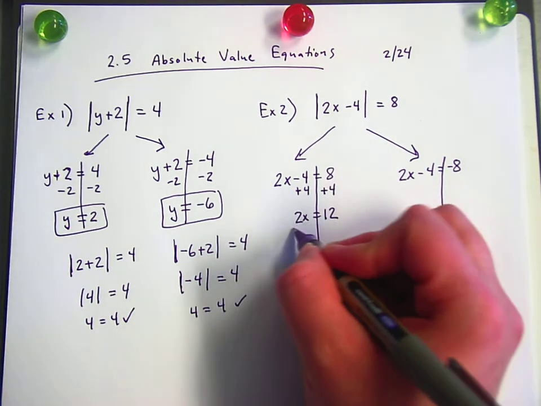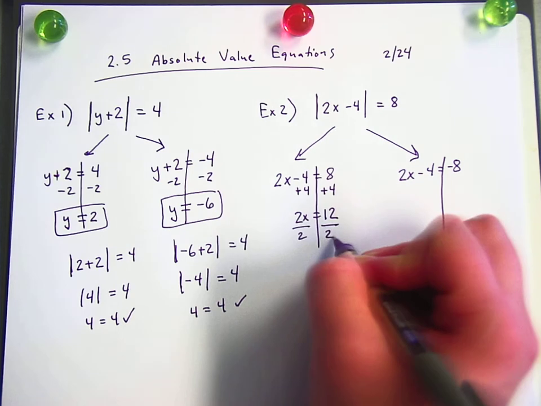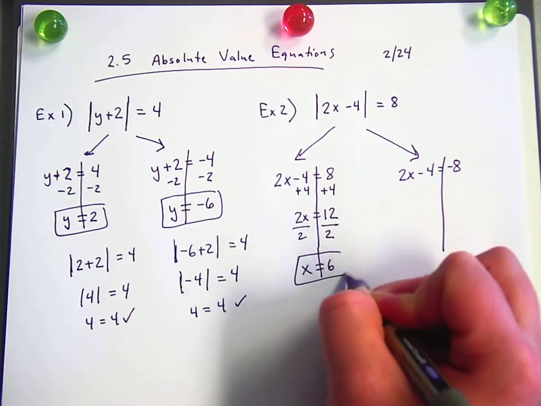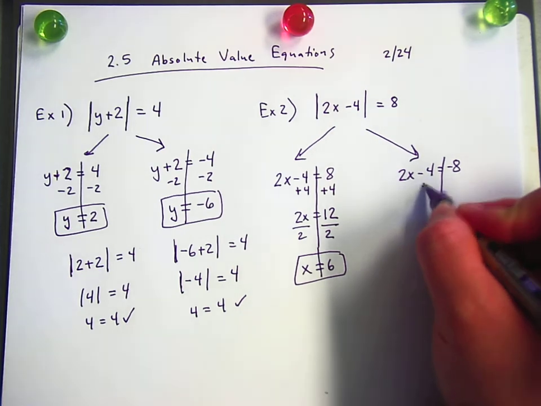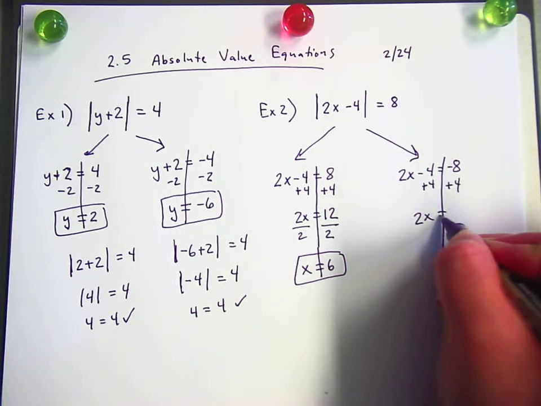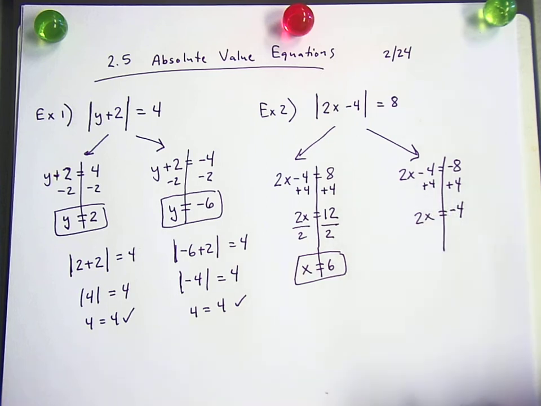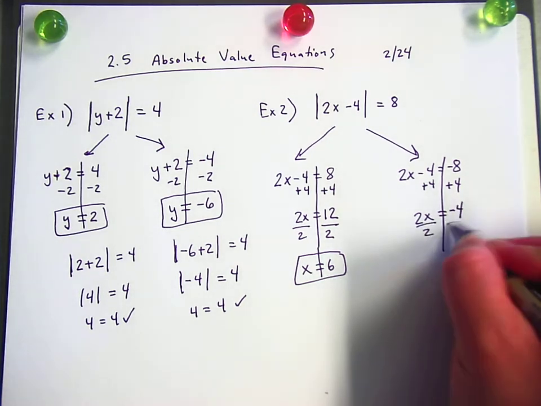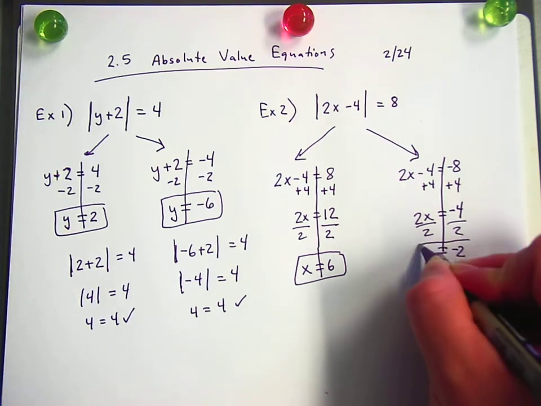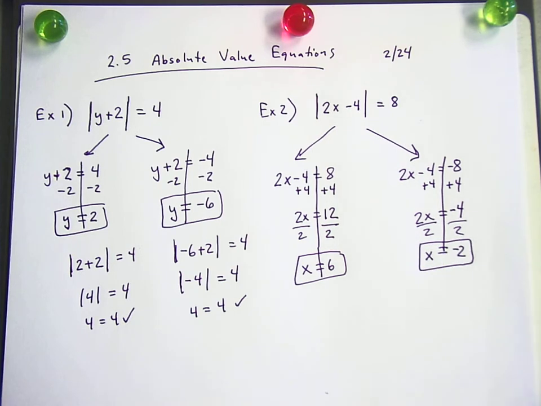And then to get x by itself, I divide by 2 on both sides, and I get x equals 6. On this one, if I add 4 on both sides, I get 2x equals negative 4, because negative 8 plus 4 is negative 4. And then if I divide by 2 on both sides, I get negative 2. So that's 6 and negative 2.